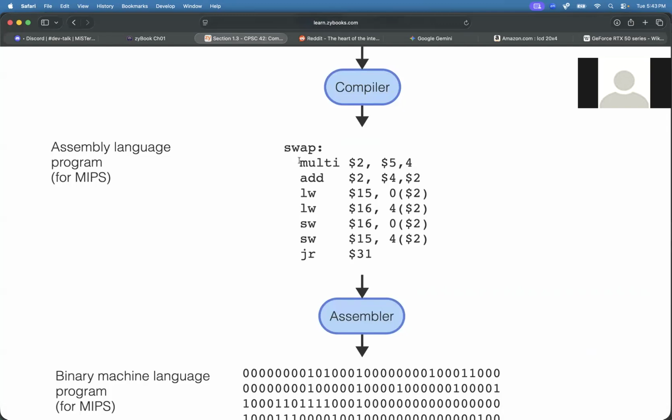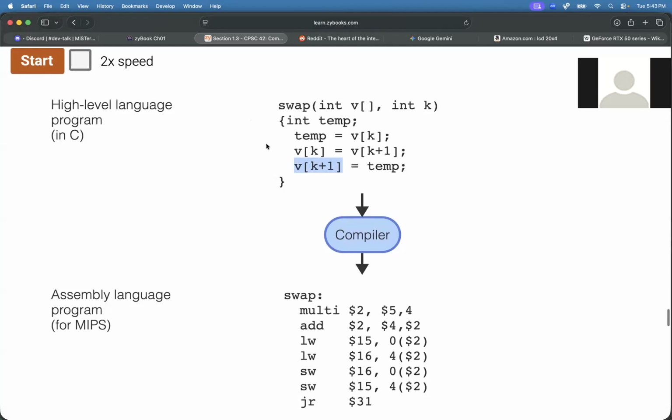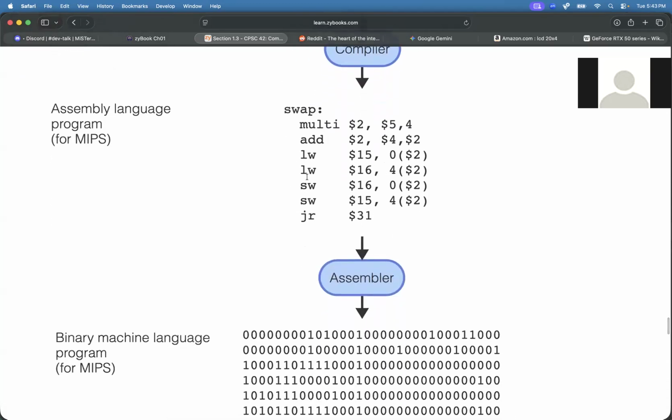And so when you compile it, most compilers go from the complicated high level language into an assembly language as an intermediate step, where these are the instructions that the CPU is going to run. So there's an add instruction and load and store. This is moving around a couple of numbers.